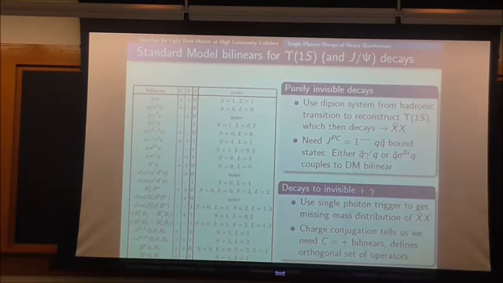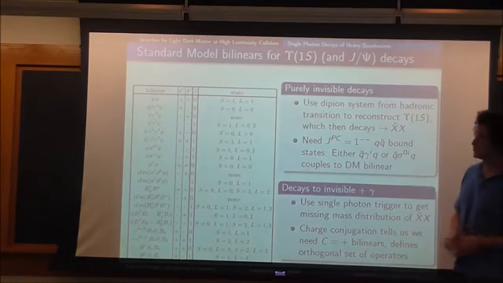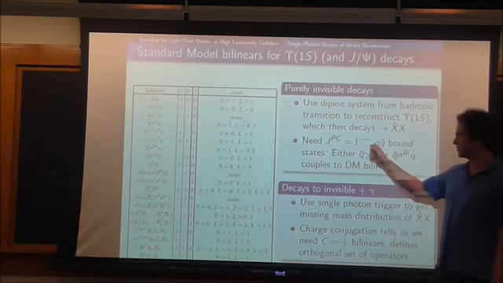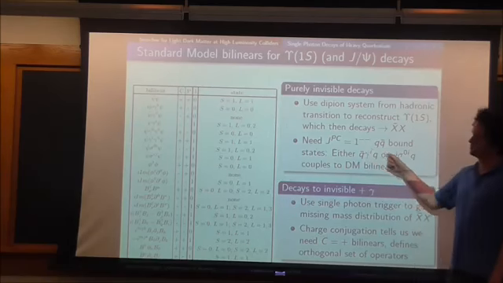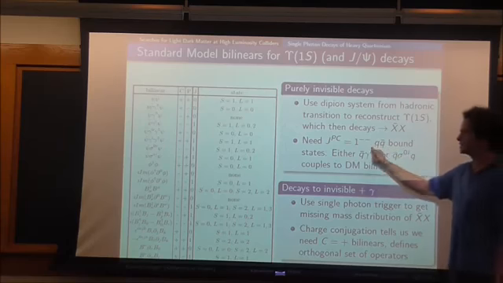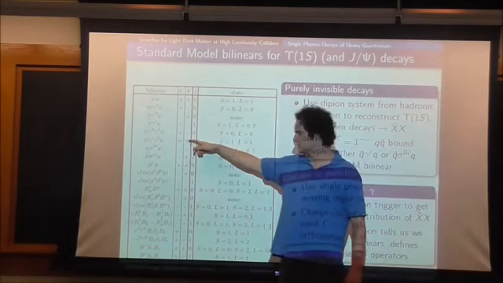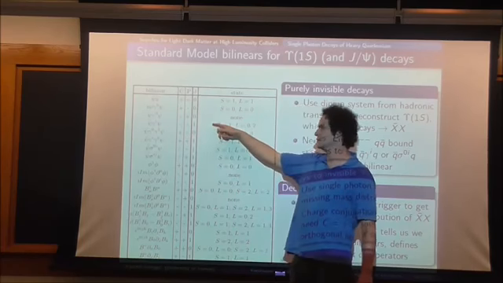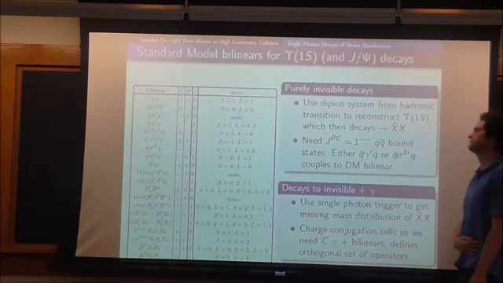If you are looking at a purely invisible decay, your quark bilinear's angular momentum and quantum numbers have to match whatever those are for your bound state meson. So for an epsilon or a J/psi, you would have JPC 1 minus minus. So you need a spatial vector index, so that's either the tensor bilinear or the vector one.